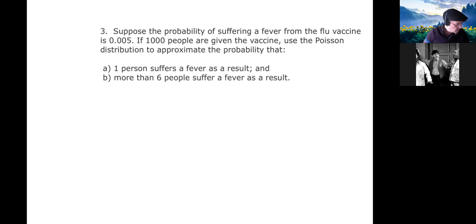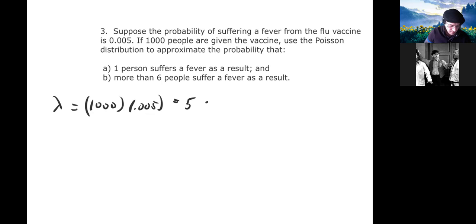So the solution here is we need to compute what lambda is. If 1,000 people are given the vaccine and the probability of suffering a fever is 0.005, then if we take the product, we get 5.